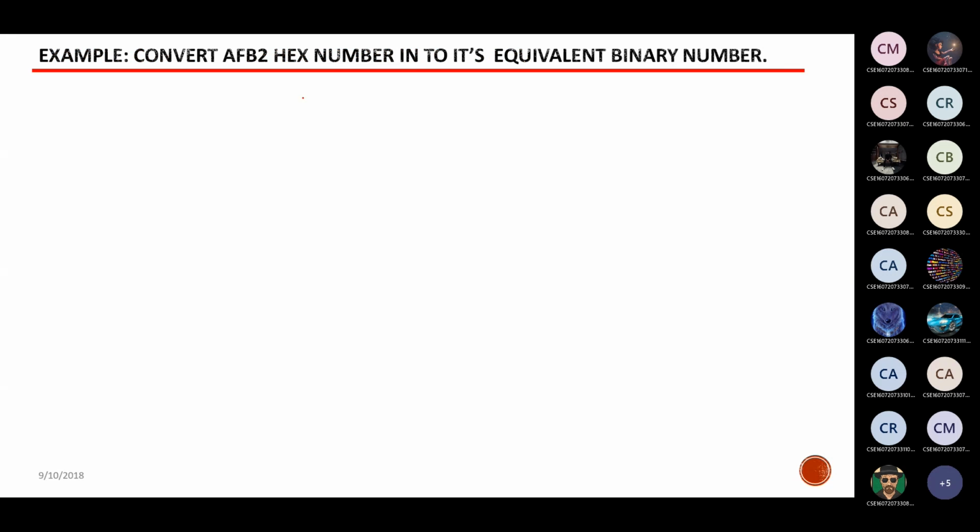So note down this question, AFB2, which is in hexa into binary. A is 10, F is 15, B is 11, this is 2. So 10 can be written as 1010, 15 all ones, 11 can be written as 8, 4, 2, 1 weights giving 1011, and 2 is 0010.